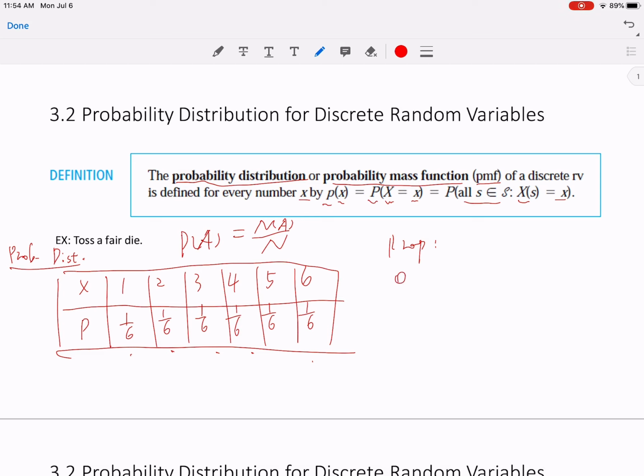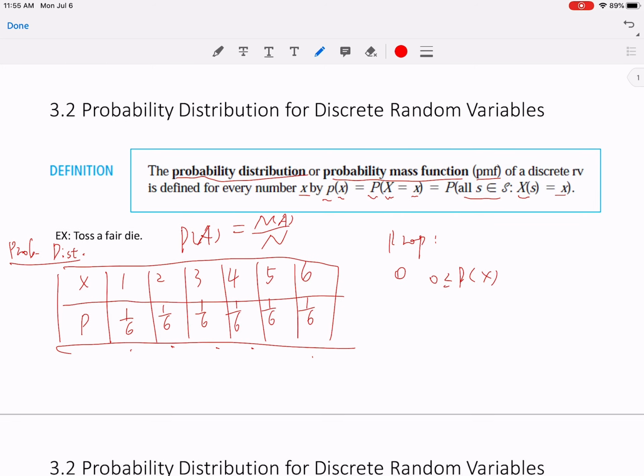Number one, the probability of any possible value is always between 0 and 1. Each probability over here is always between 0 and 1, inclusive. Number two, the sum of all probabilities in the probability distribution is equal to 1.